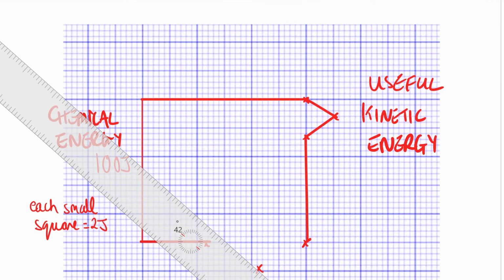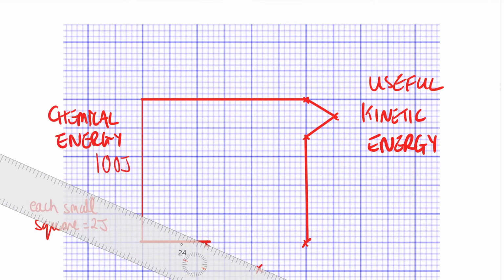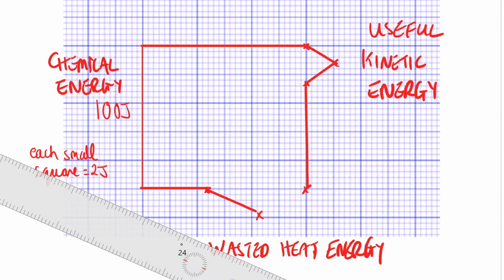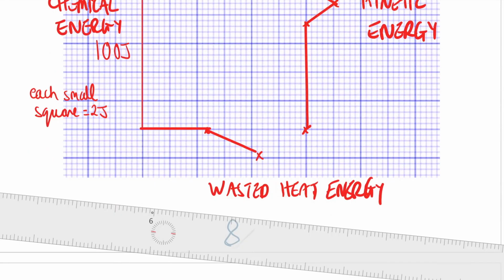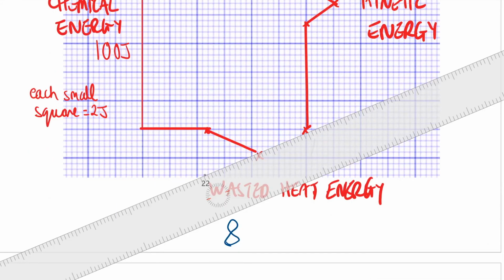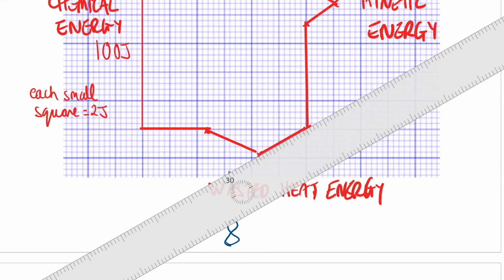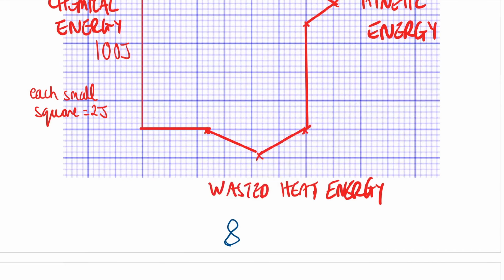Make sure you use a ruler, and make sure you label the different transfers of energy, and that they are included with the different forms of energy. Okay, that's that.